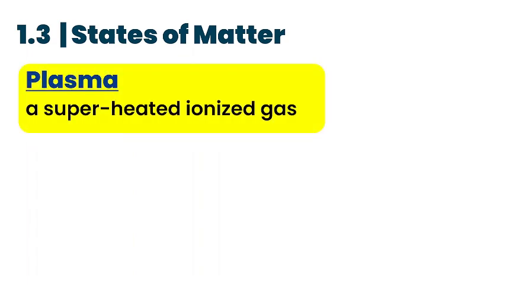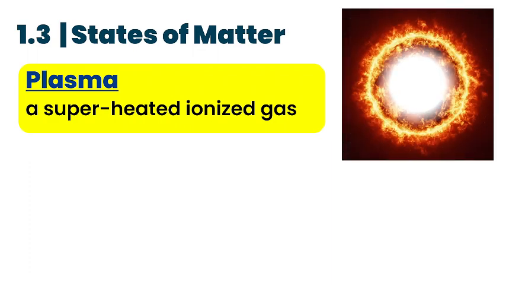And I'm talking about plasma. Plasma is a superheated gas. It's just like a gas, but it exists in a state where temperature forces the particles of plasma to become ionized. Ionized means the plasma particles have charges, in particular positive and negative charges.